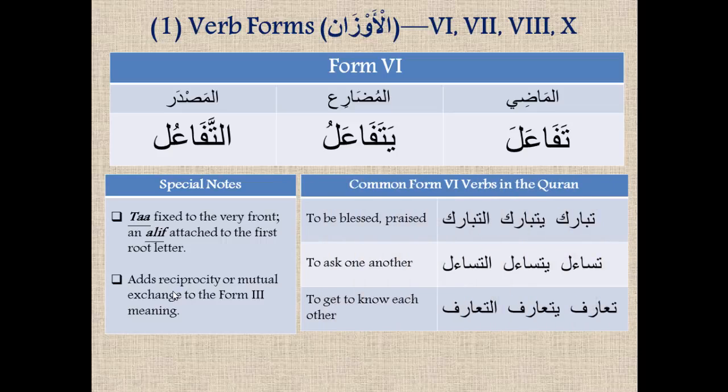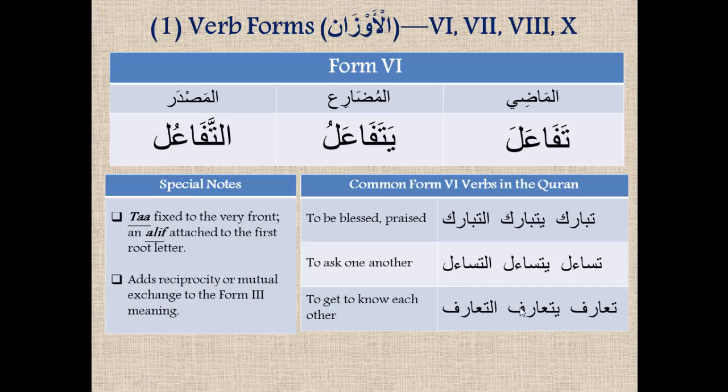Here are some examples of form 6 verbs found in the Quran. Tabaraka yatabaraku at-tabaruk, to be blessed or praised. Tasa'ala yatasa'alu at-tasa'ul, to ask one another. So here we have the meaning of exchange and reciprocity.